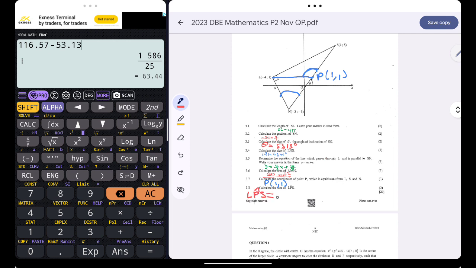LPS has to be 2 times this, which is 63.44, because the angle at center is twice the angle at circumference. So what do we get? 63.44 times 2. That's 126.88.